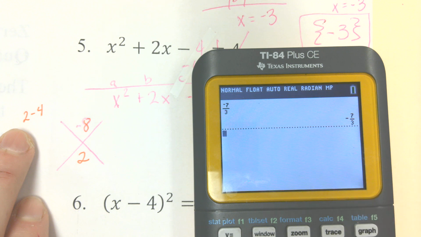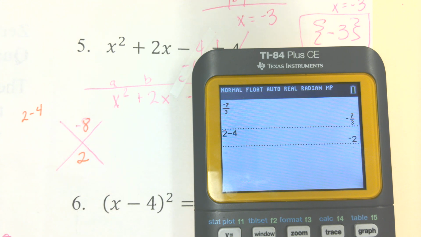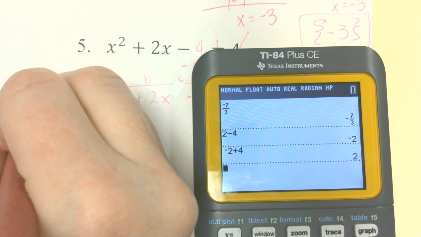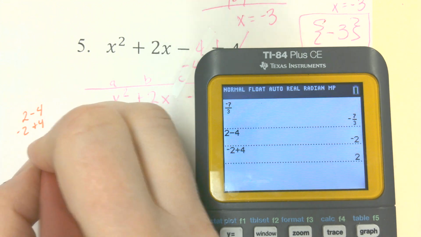I'm going to hit second, quit, and do that. 2 minus 4. It's negative 2. But I want a positive 2. So do y'all remember what we do to get our numbers? Switch the sign. So negative 2 plus 4. That works out. So our magic numbers are negative 2 and positive 4.